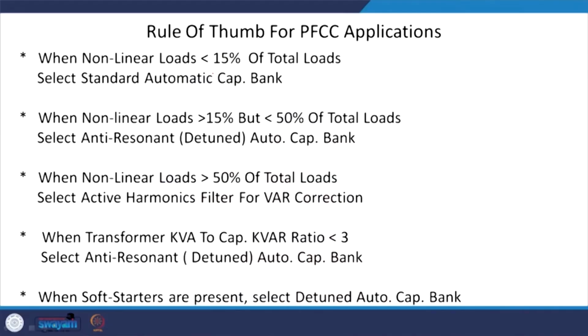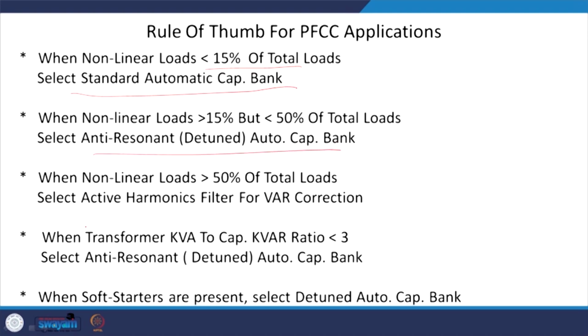I request the students to refer to my FACTS devices course. These entities are discussed in detail. So, the rule of thumb for power factor correction: when nonlinear load is less than 15%, select the standard automatic capacitor. When nonlinear load is above 15% to 50%, select the detuned anti-resonant capacitor.